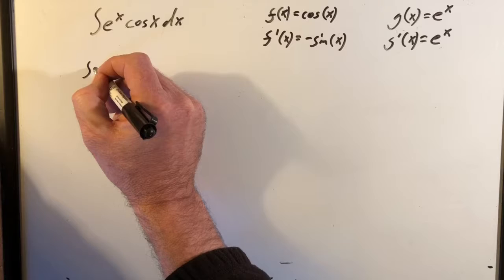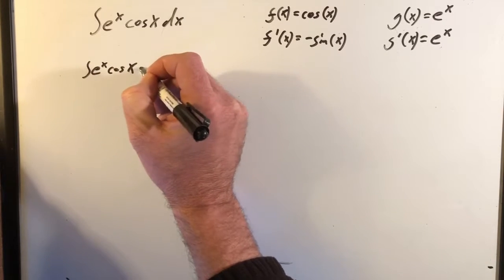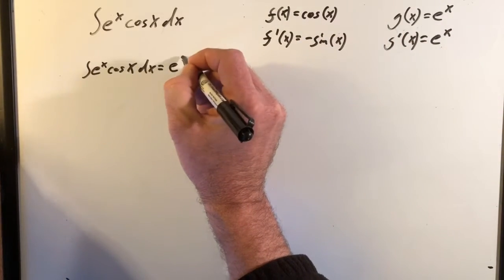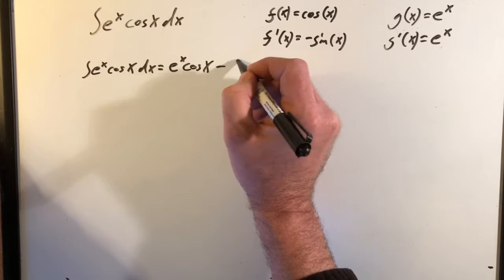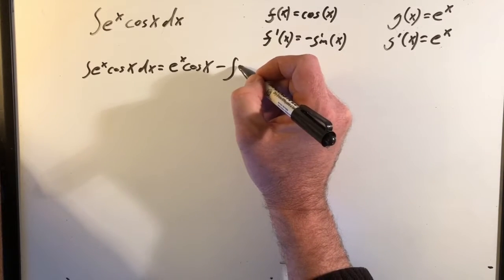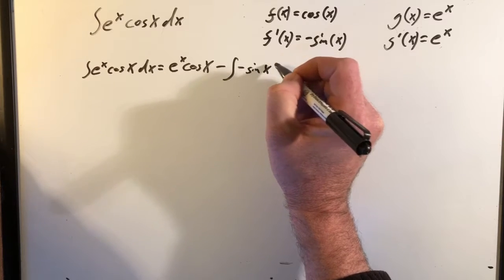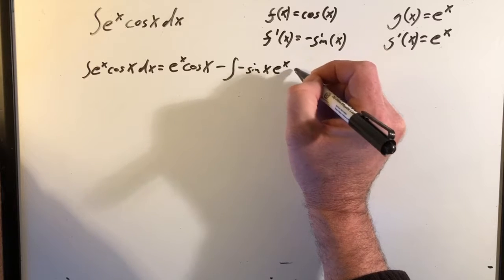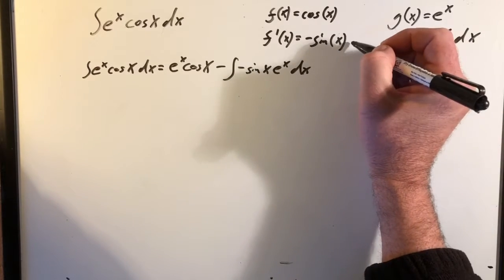And so the integral of e to the x cosine x dx equals those two minus the integral, and that's going to be a minus sine x e to the x dx. I should follow my own notation here.